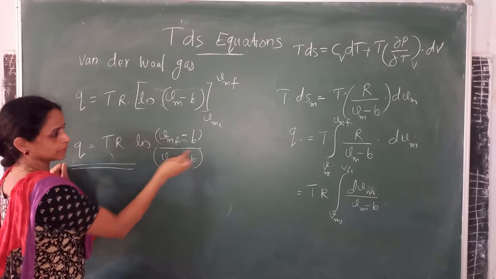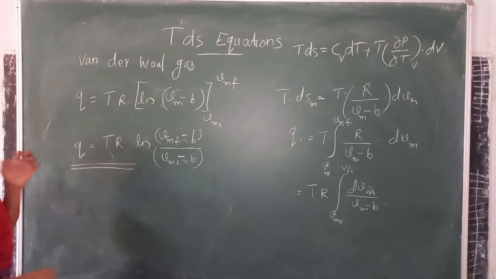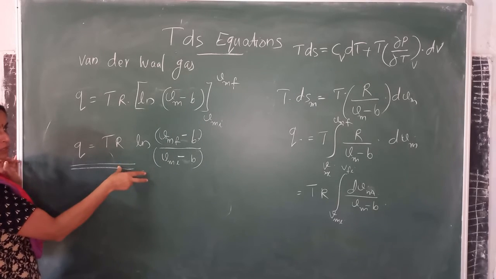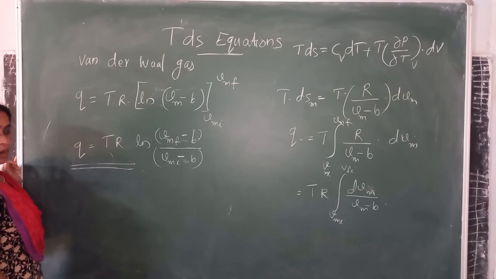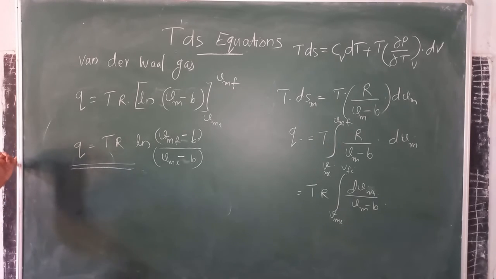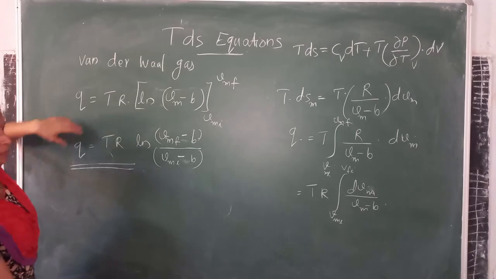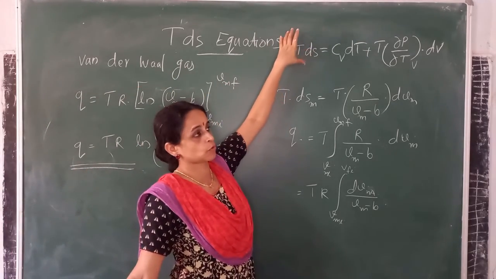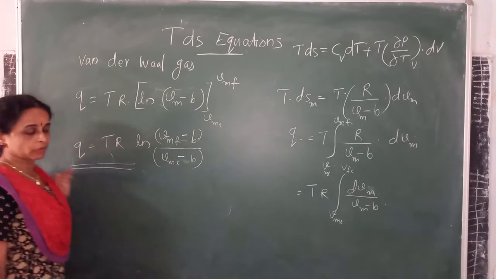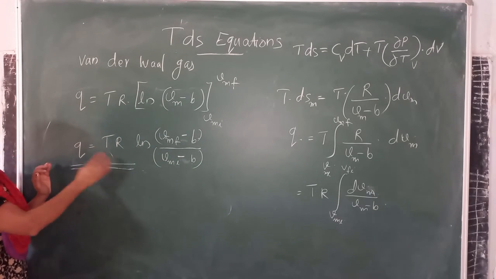These are all experimentally obtained quantities. You can obtain this equation from the first T dS equation. For n moles, you multiply accordingly, but for 1 mole of a van der Waals gas you get this equation.